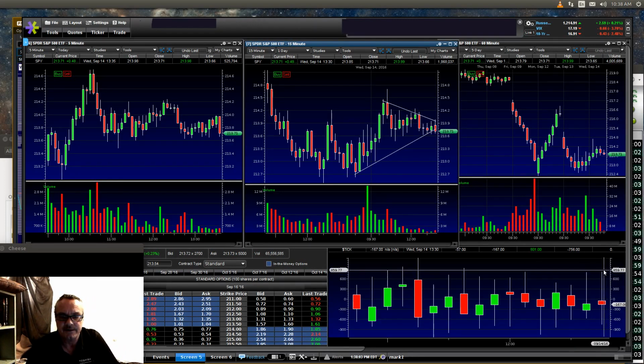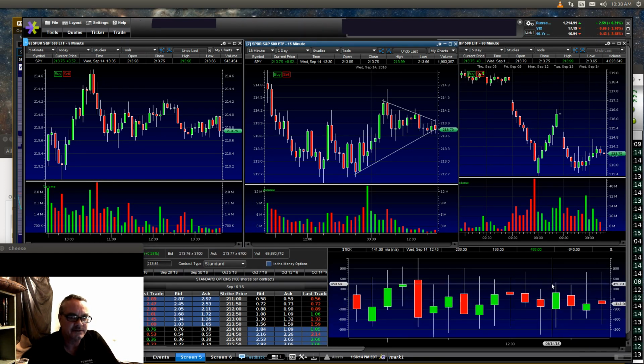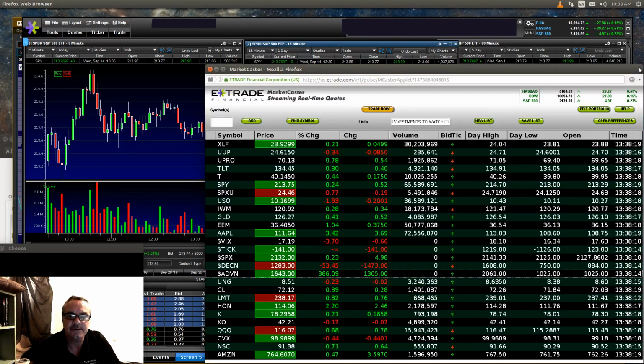Put in a higher little bit, and then the whole feel in the market just seems to be kind of an indecision, balancing out. Doesn't particularly know what it wants to do.